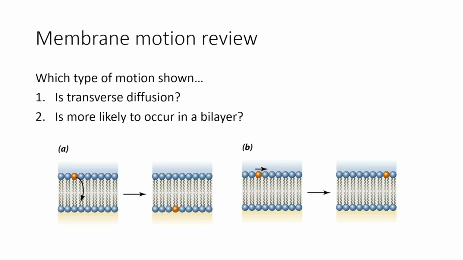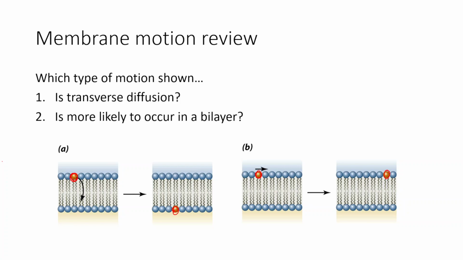So let's now talk about motion within a lipid bilayer membrane. There are 2 types of motion here. Choice A shows this orange piece flipping to the other side. In part B, the orange thing is sliding over towards the right.